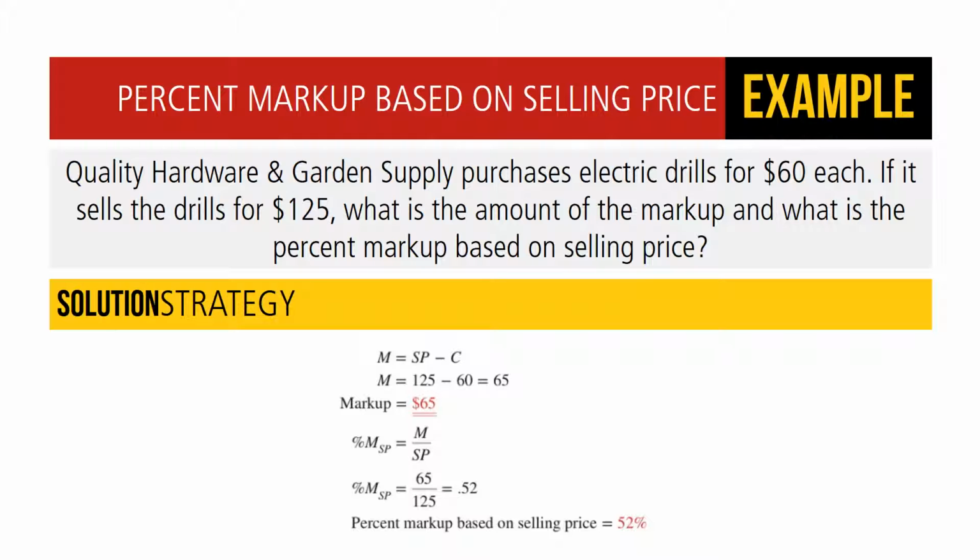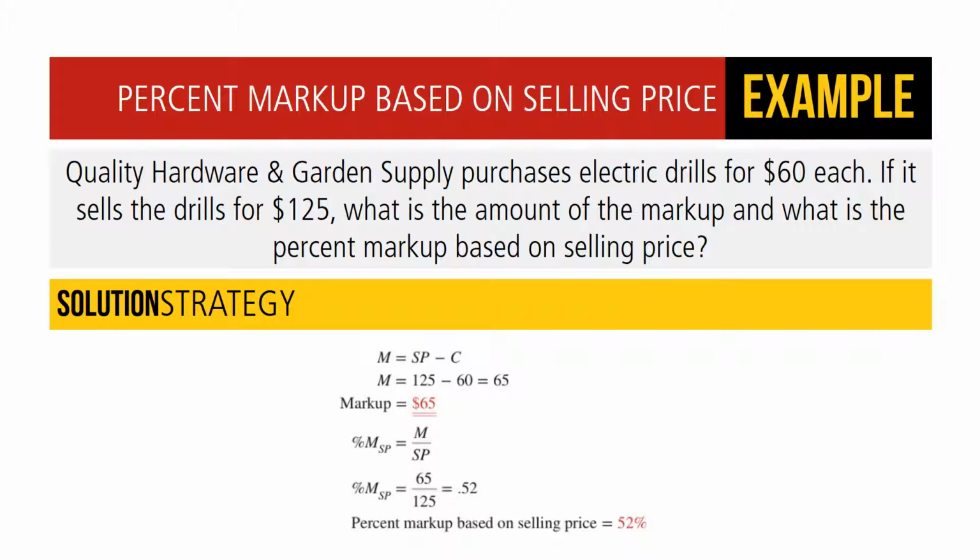Let's take a look at that applied in this example. Quality Hardware and Garden Supply purchases electric drills for $60 each. If it sells the drills for $125, what is the amount of the markup and what is the percent markup based on selling price? So our solution strategy is as follows. Markup equals selling price minus cost.